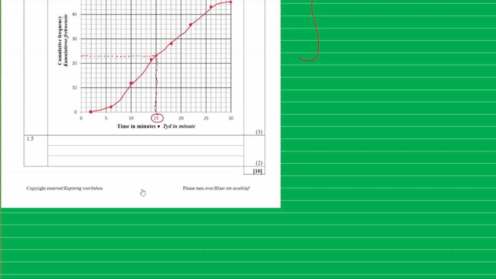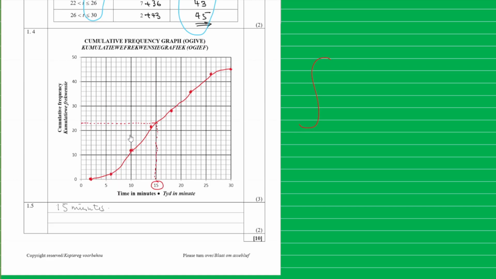So you can write the answer here. You are given the space. Remember, you are given an answer book, so you just write it in black here, which is 15 minutes. Right, that answers the question.